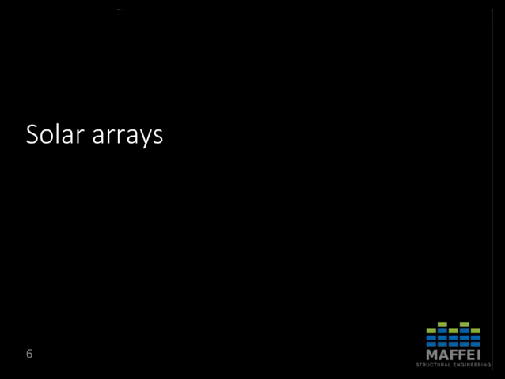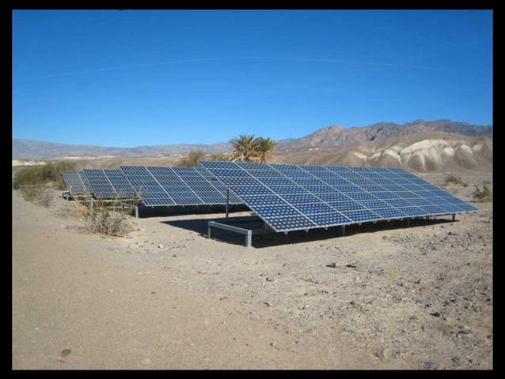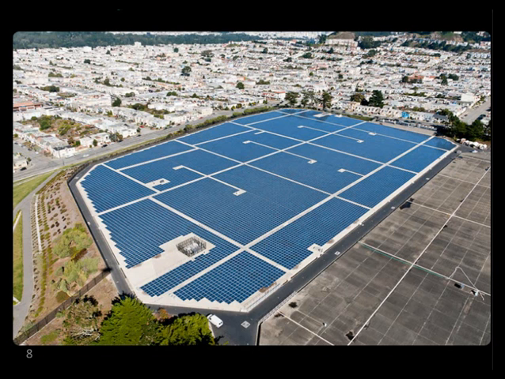Solar arrays. I'm going to show a number of images of solar arrays here. This is one example of what we call a solar array out in the desert. This is a ground-mounted, relatively small array. Also called a solar array is this much larger array that happens to be located on top of a roof of a reservoir.